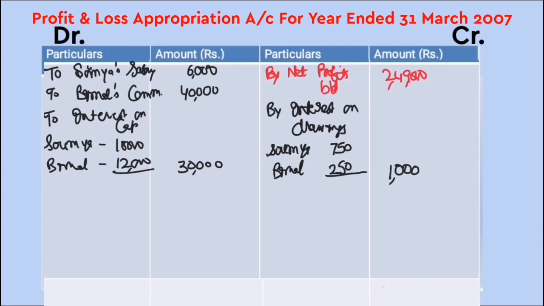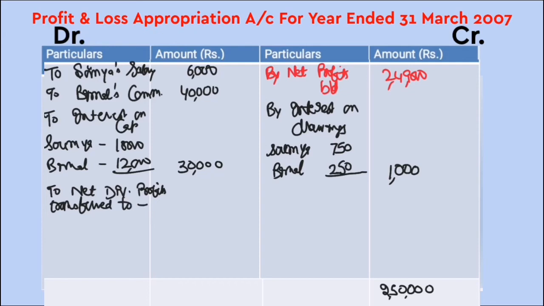We will add up the credit side of profit and loss appropriation account, deduct it from the debit side and find out the net divisible profits. And those net divisible profits will be transferred to partners' current account.